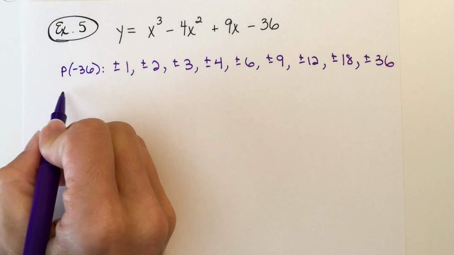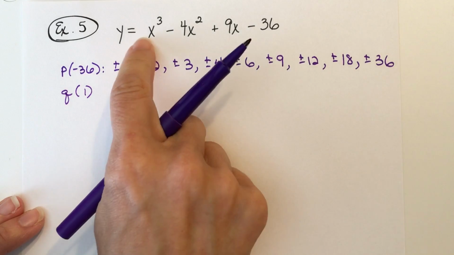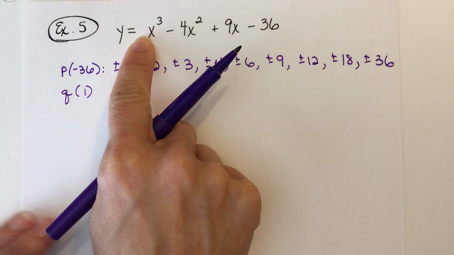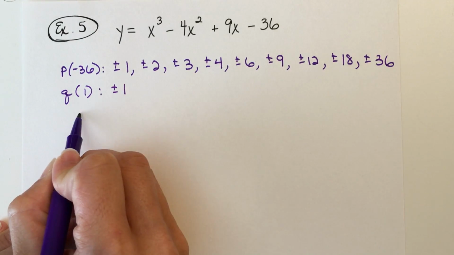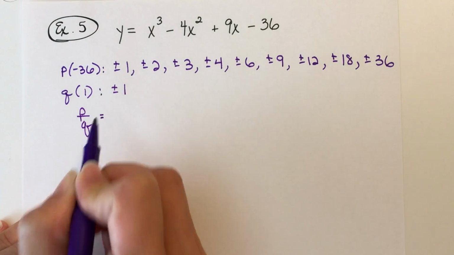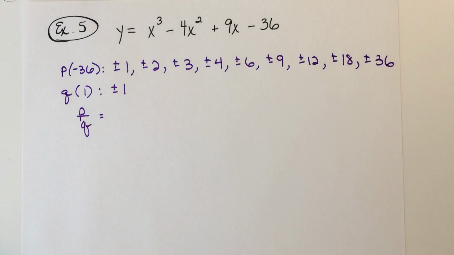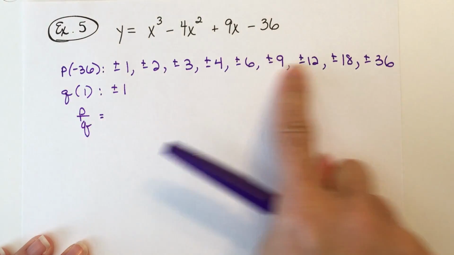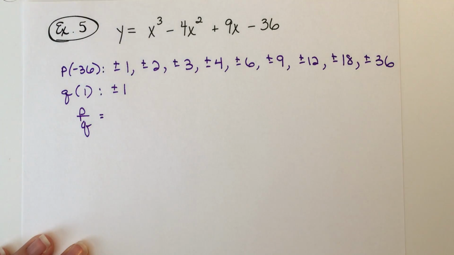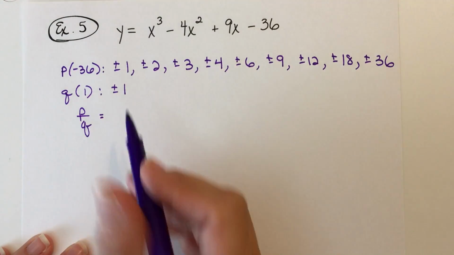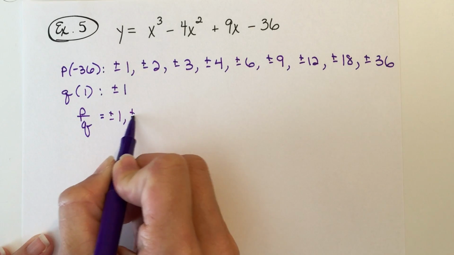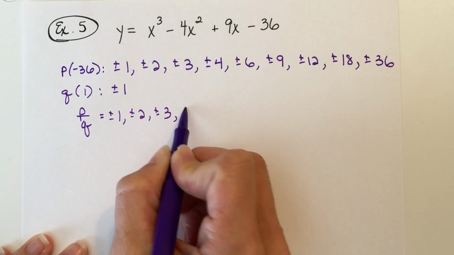Now, q happens to just be an understood 1, so your only factors would just be plus or minus 1. So actually, your overall list here of p over q is just going to be this same list of numbers because you're just going to put them all over 1. 1 over 1, 2 over 1, 3 over 1, 4 over 1. All right, so let me just rewrite these numbers.